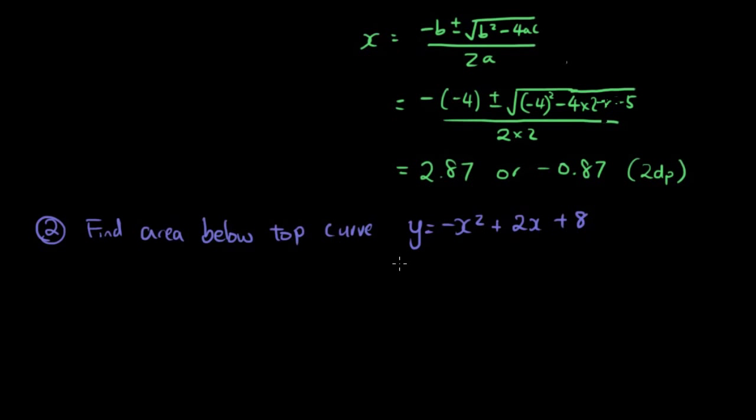The first step to finding the area is we're going to find the definite integral. So the definite integral from -0.87 to 2.87 of this equation dx. So let's integrate that.